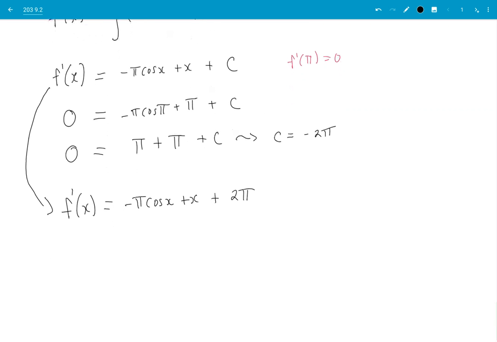Okay, integrating to find f. What do you get? You get minus pi sine x plus x squared over 2 plus 2 pi x plus another constant. I'll use k since I've already used c above. Oh, I see a little mistake I've made here. I had a minus here, right? So this should be a minus here. Minus 2 pi. Sorry about that.